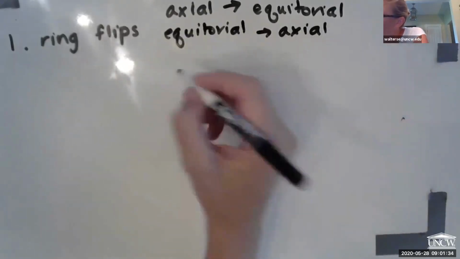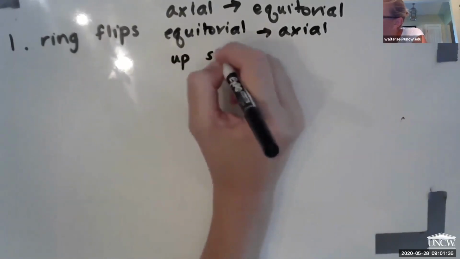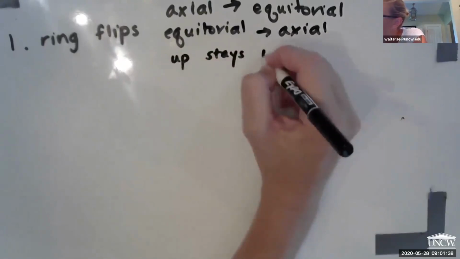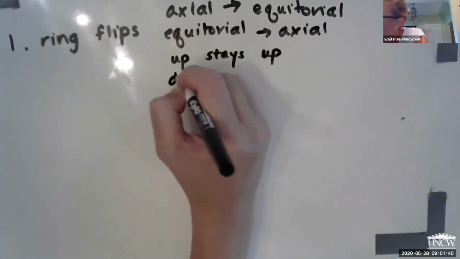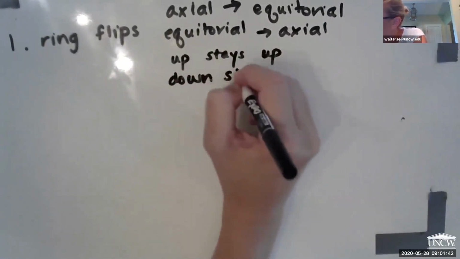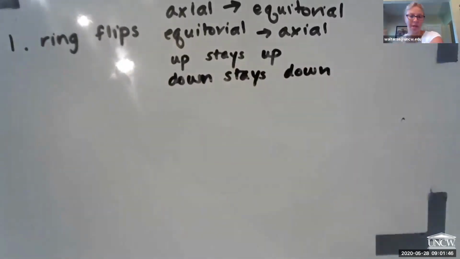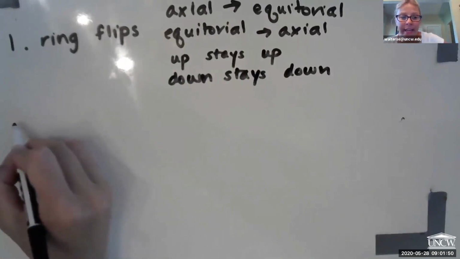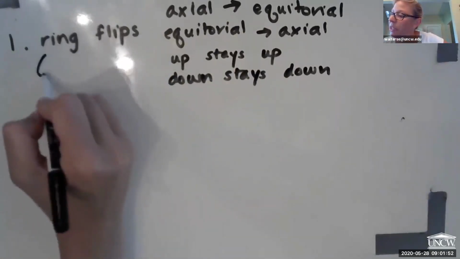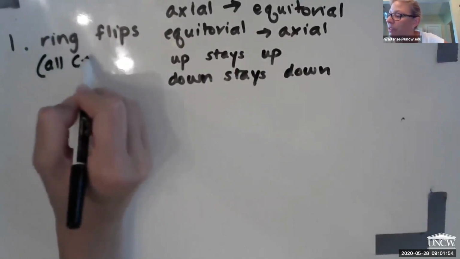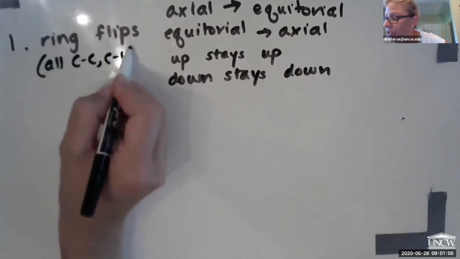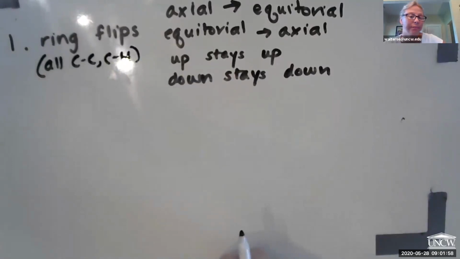And then we've also covered up stays up and down stays down. Okay. What we did up here, we just said these were all carbon to carbon and carbon to hydrogen. So just a plain cyclohexane ring.